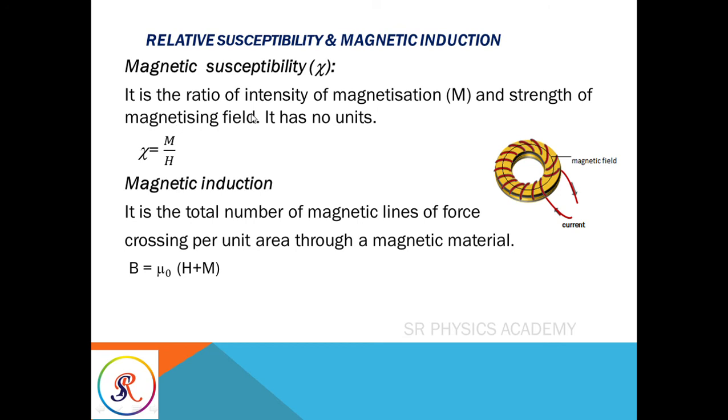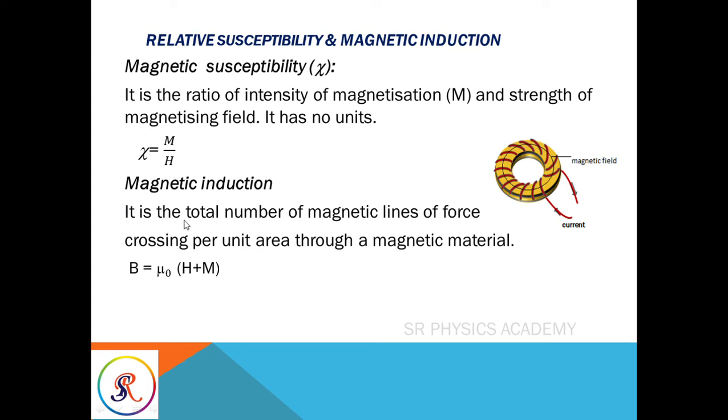Magnetic susceptibility measures the ability of a substance to take up magnetization when placed in a magnetic field. So chi equal to M by H. It has no unit because both have the same unit, so they cancel.